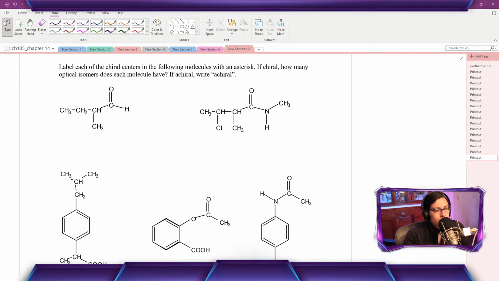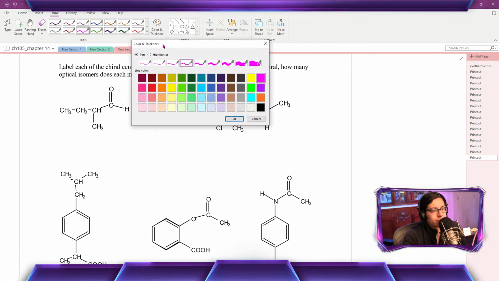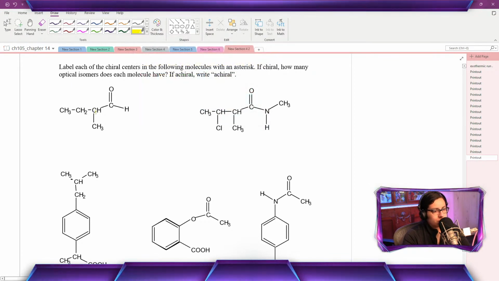Let's look at the first one. It looks like this would be our only chiral center here. It's attached to 4 different substituents. And if it has one chiral center, it has 2 optical isomers, since it could have an R or an S for just that one center.